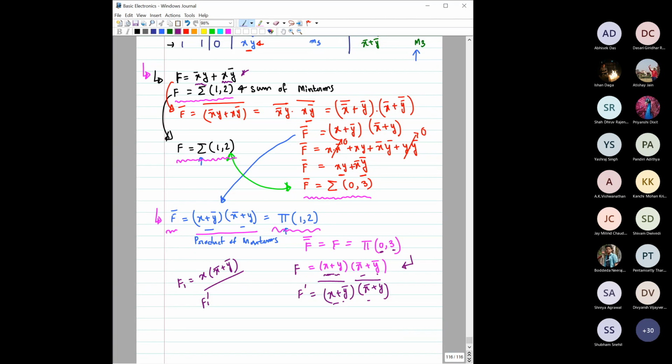Okay, so one thing I want to mention here, just for your information: this particular form, where you can see both the variables, and here also both the variables, these forms are called the canonical forms.